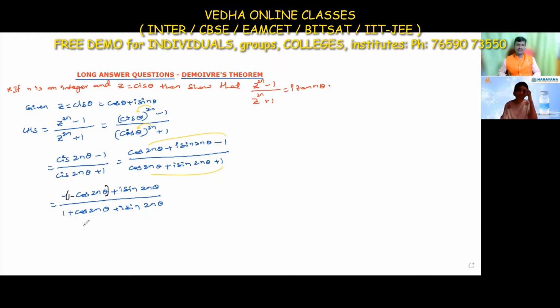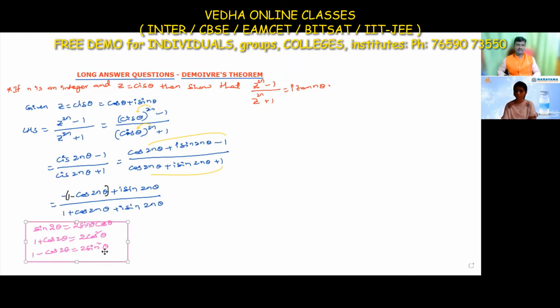Apply those: sin 2 theta is equal to 2 sin theta cos theta, 1 plus cos 2 theta is equal to 2 cos square theta, and 1 minus cos 2 theta is equal to 2 sin square theta.